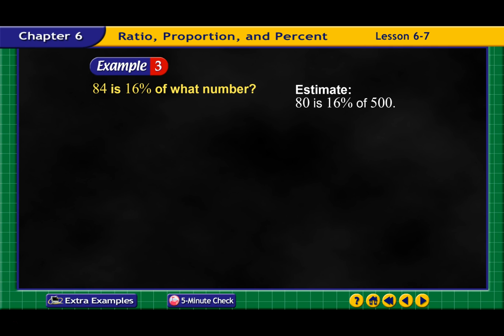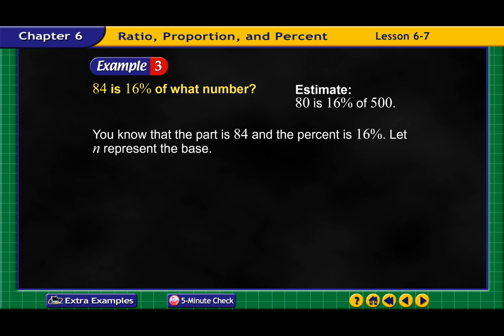All right, 84 is 16% of what number? Again, we're going to use that same thing. Part equals decimal, which is a percent, times base. You know that the part is 84, the percent is 16.